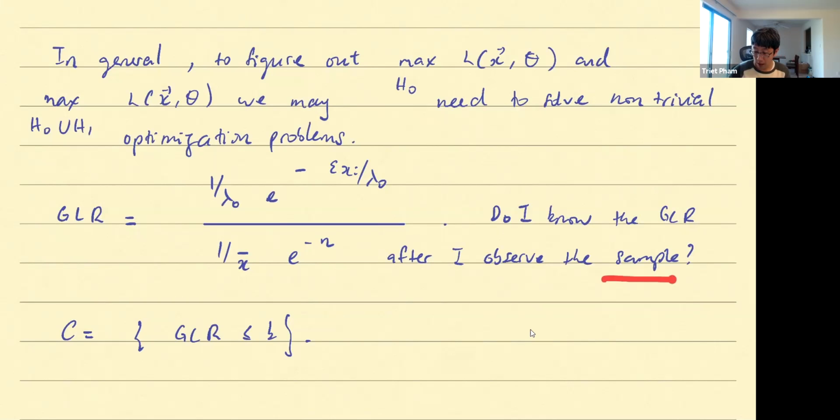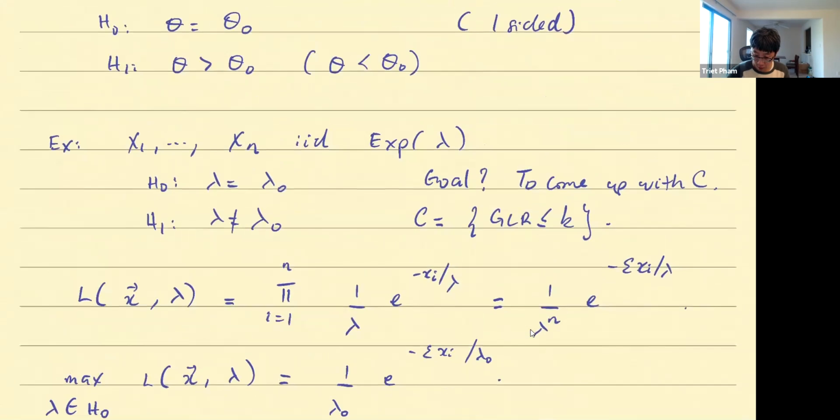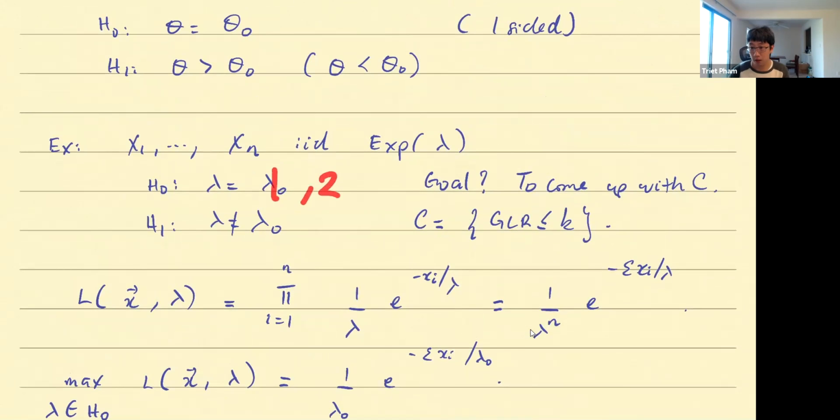The answer is you should, you must. But just in case you make some mistakes somewhere along the line, lambda 0 would just be like 1 or 2 or something in a particular case.